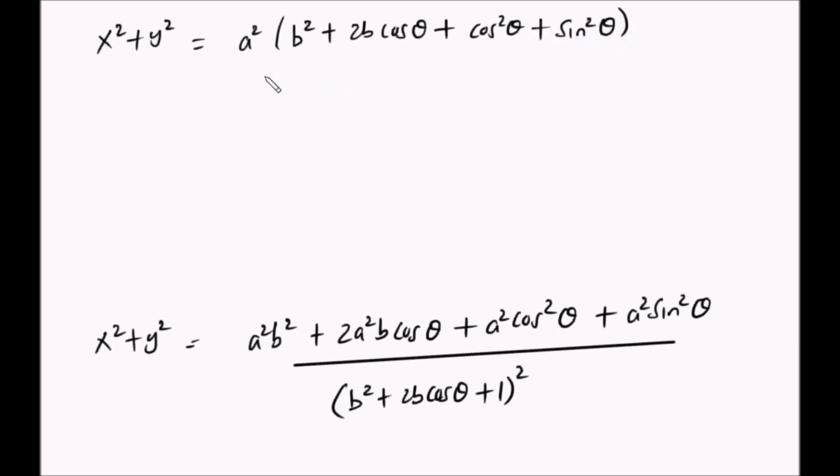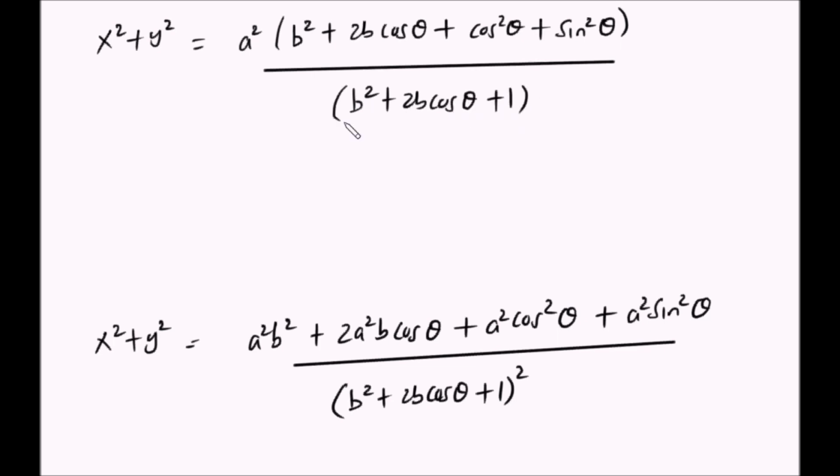So all of this over b squared plus 2b cos theta plus 1 squared.